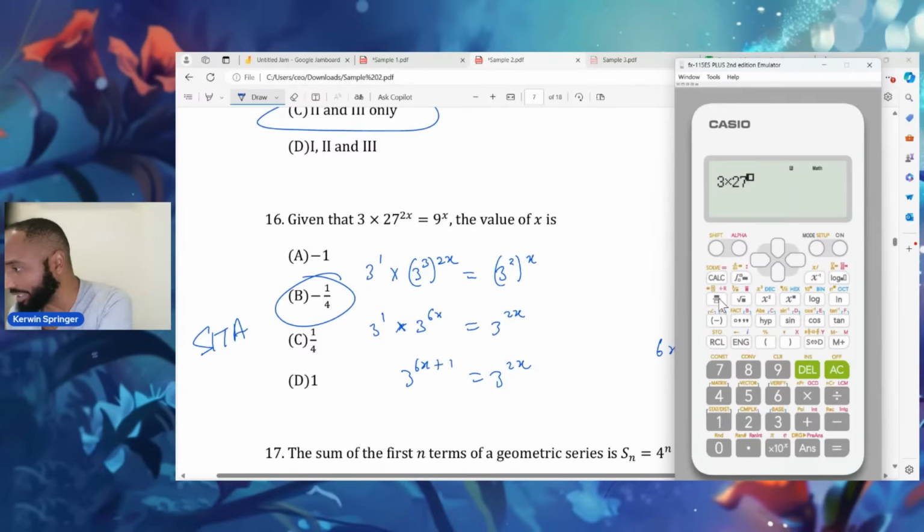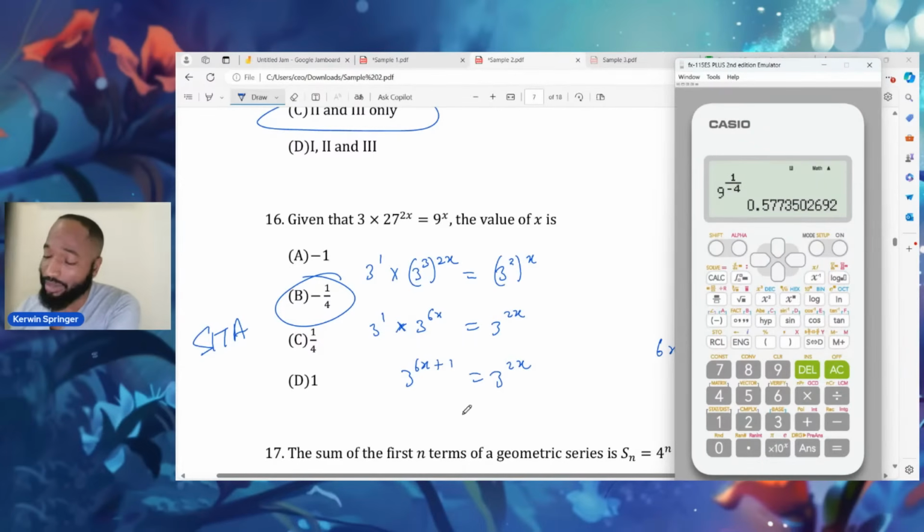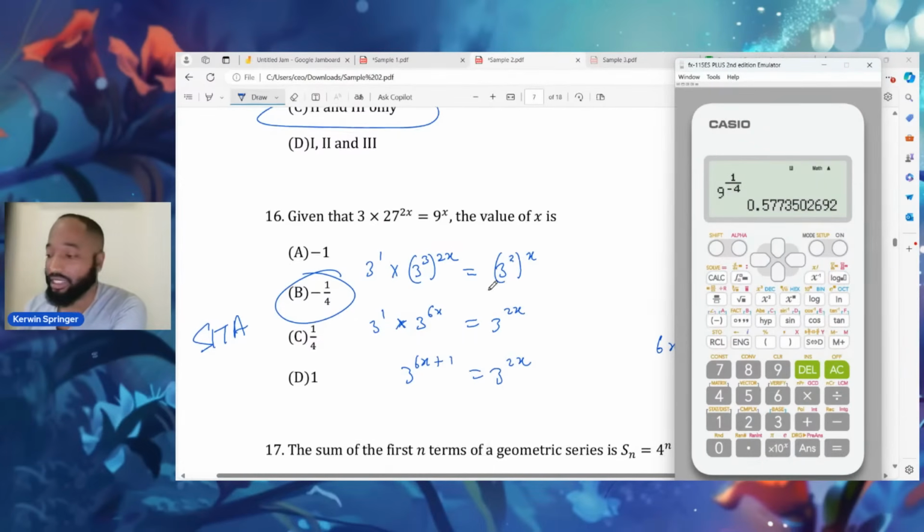So that is really -1/2. And then we want 9 to the power of the same thing, 0.577. Since it works out to be the same thing, we know we are dealing with the correct answer, which is B.